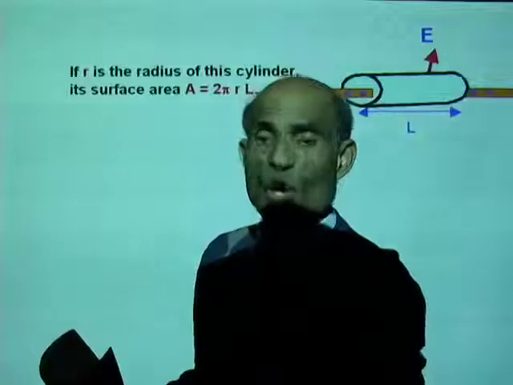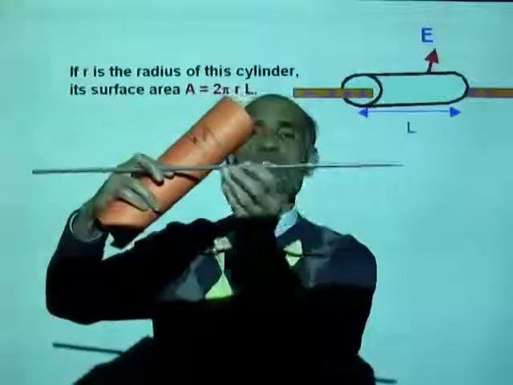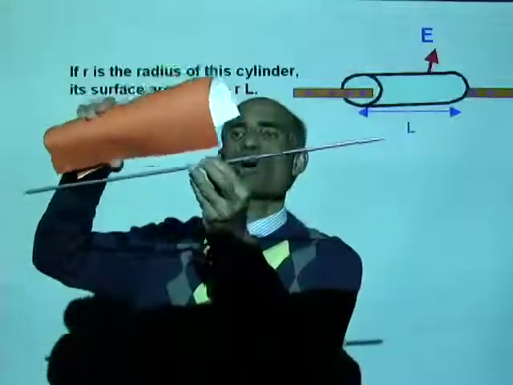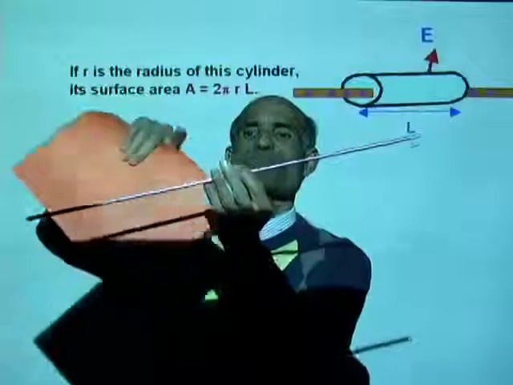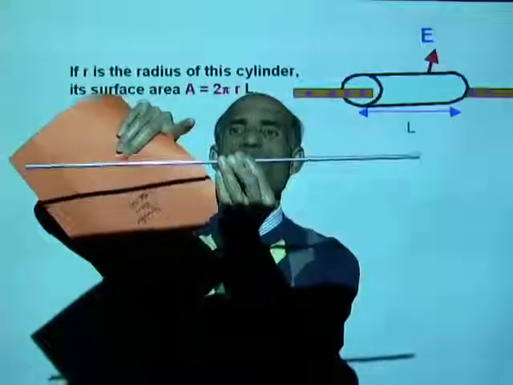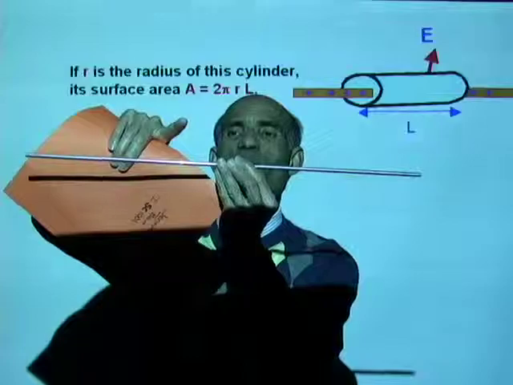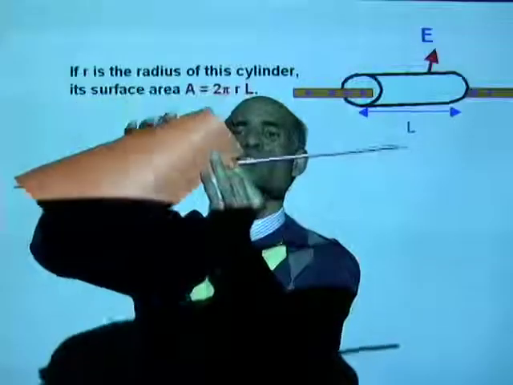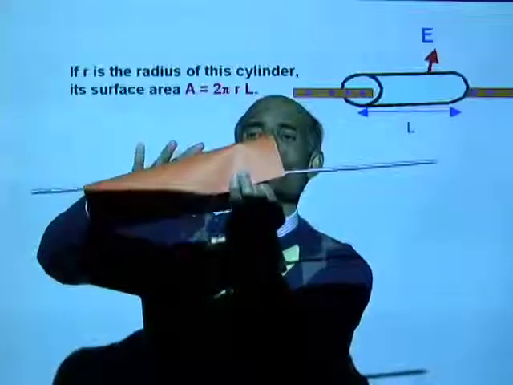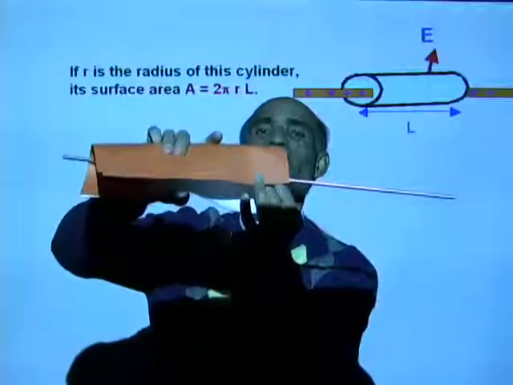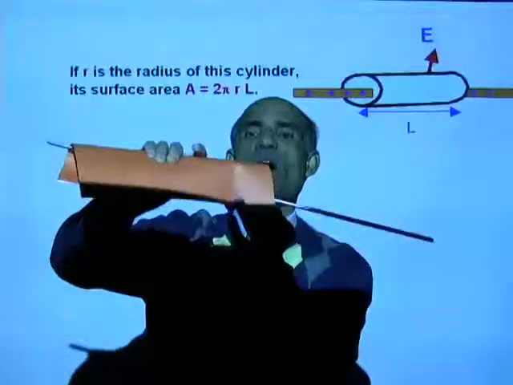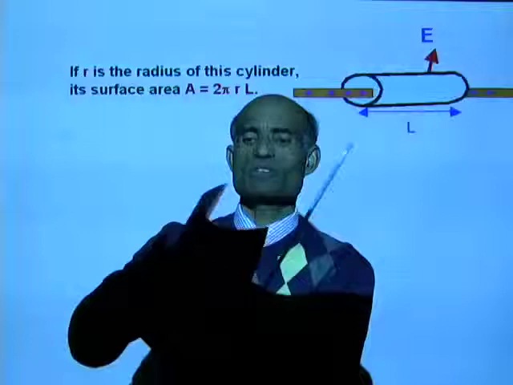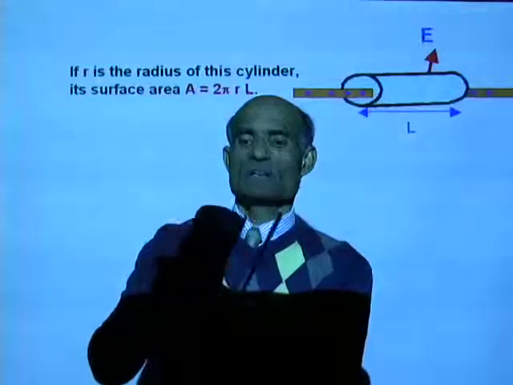Let's take one more look at this. Suppose this is the infinitely long charge and I want to find the electric field at this point, the distance r from it. I construct a Gaussian surface that will be a cylinder of radius r. Let me see if I can construct that cylinder.